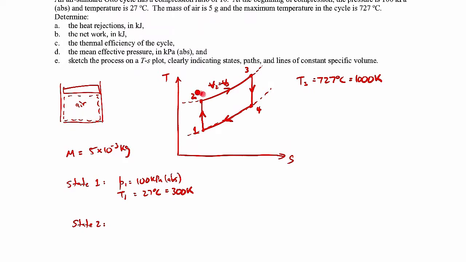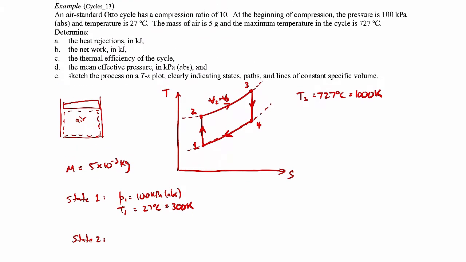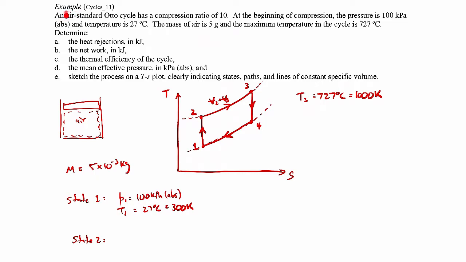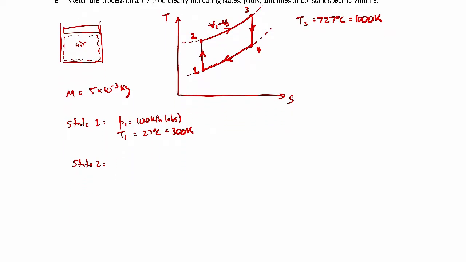we can determine what's happening at state 2 by noting that this is a constant entropy compression process. We're assuming that air is an ideal gas, and we have a constant entropy process, so that means we can use relative volumes to determine the state at state 2.